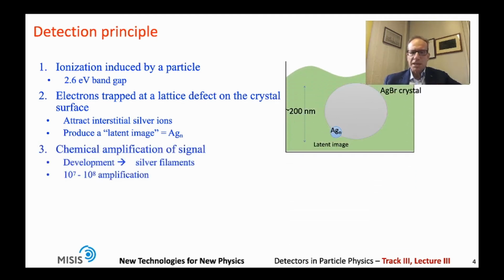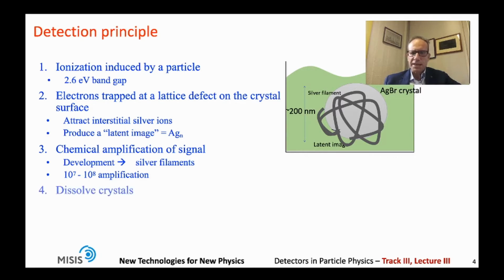There is a chemical amplification of the signal later on, done with the chemical development of the film, which turns this latent image into silver filaments with an amplification of from 10 to 100 million times.